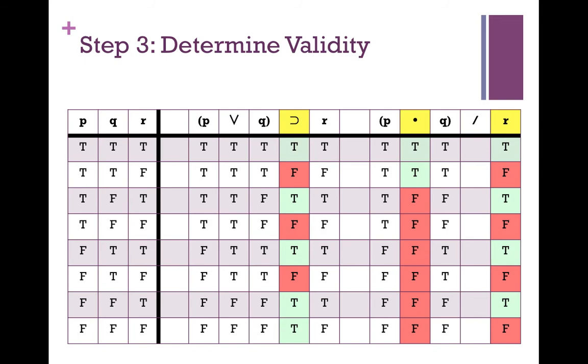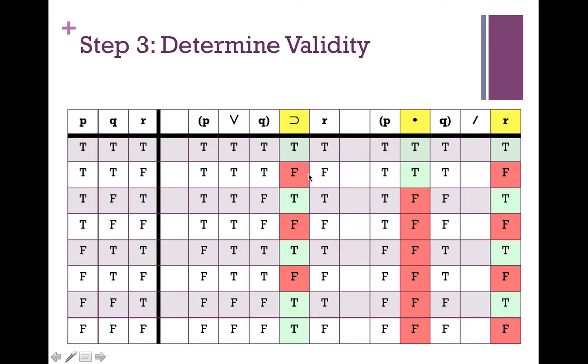I'm just doing that for you guys to see. But you can see right here that in row 1, we have true, true, and true, but everything else, rows 2 through 8, we have no instance where we have 2 true premises and a false conclusion. In fact, we have no instance beyond the first row where we have even 2 true premises.